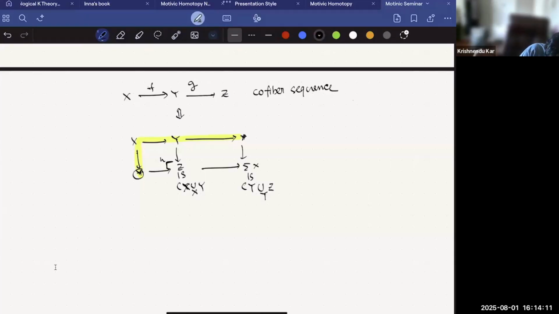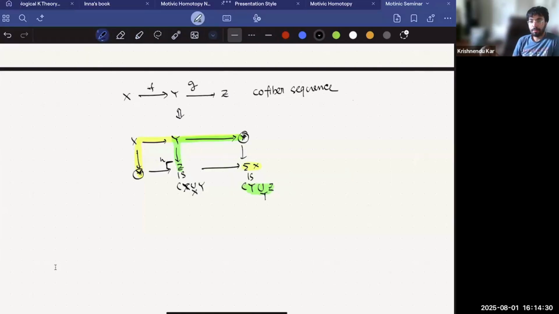By looking at this push out, this is where you're getting this guy, and for the other guy, you're getting this guy. Again, I'm taking the co-fiber replacement for this piece.